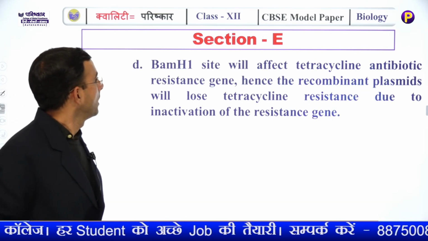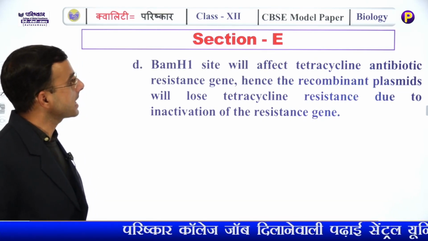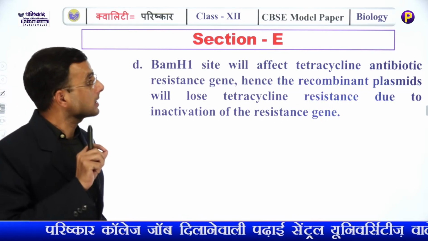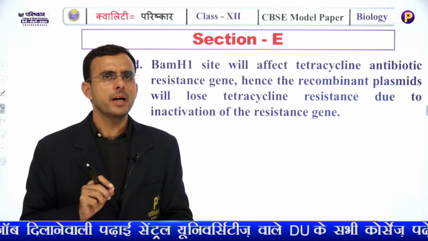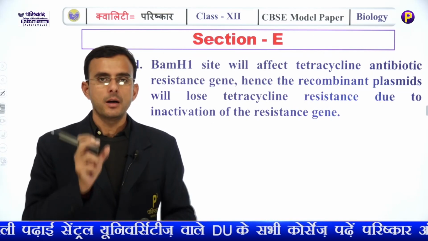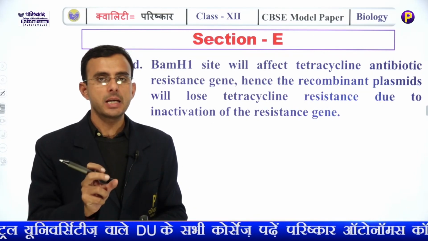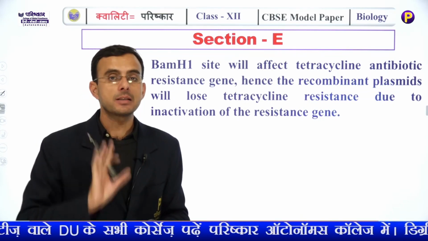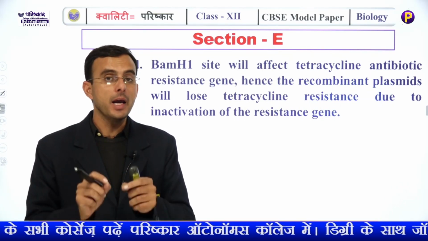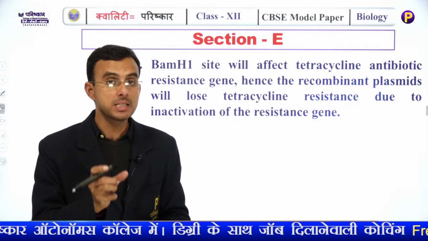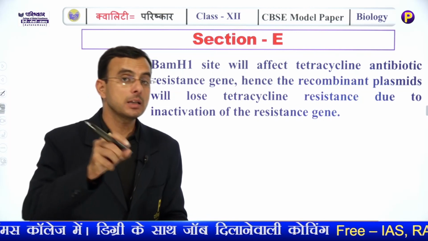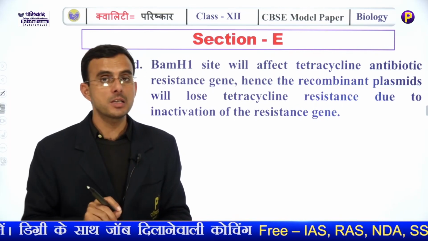The last one is that the BamHI site will affect the tetracycline antibiotic resistance. Now look at this one. How do we identify this? The plasmid is carrying the antibiotic resistance gene, and we are able to incorporate the outside gene or desired DNA sequence in the antibiotic resistance sequence.